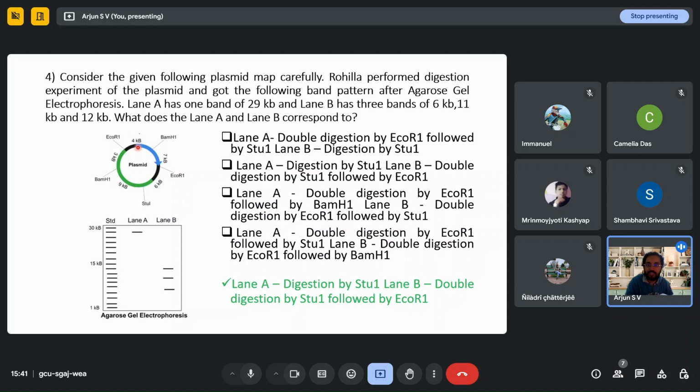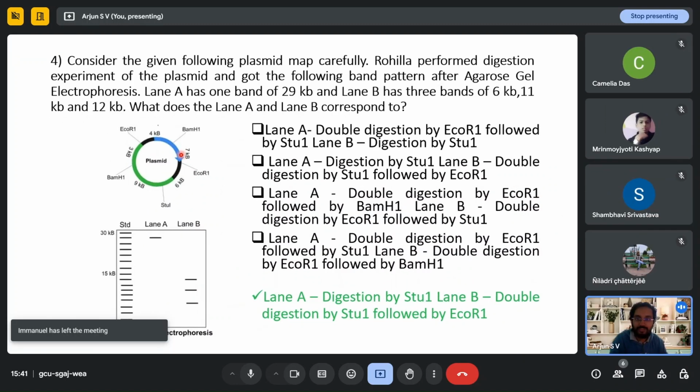So you get one fragment of 11 kilobases, one of 6 kilobases, and one stretch of 12 kilobases, 9 plus 3 which is 12 kilobases. That is what they have mentioned here as well: three bands of 6, 11 and 12 kb. So this also follows with your answer.